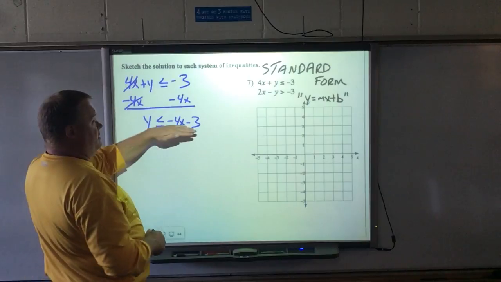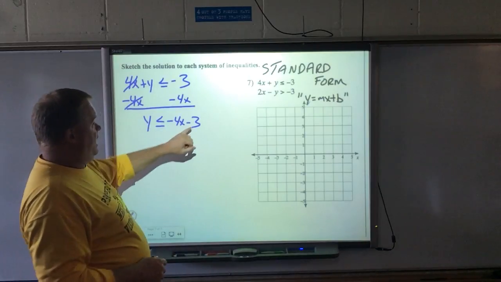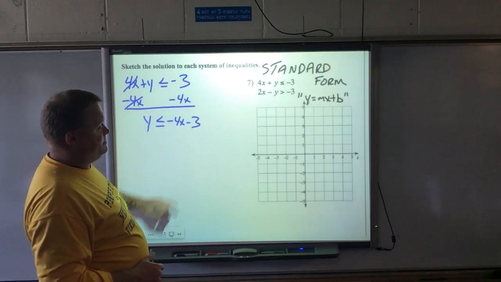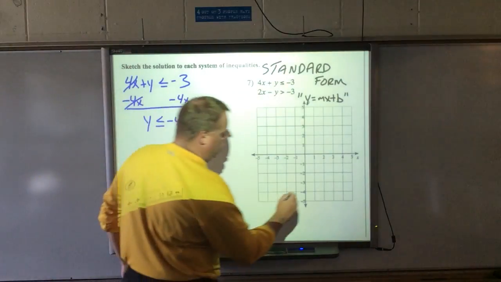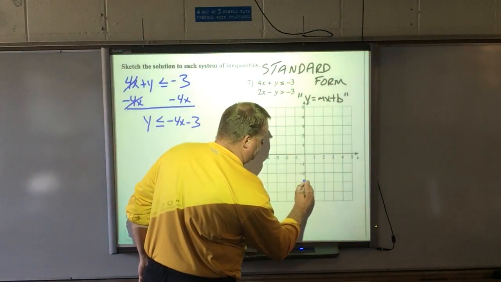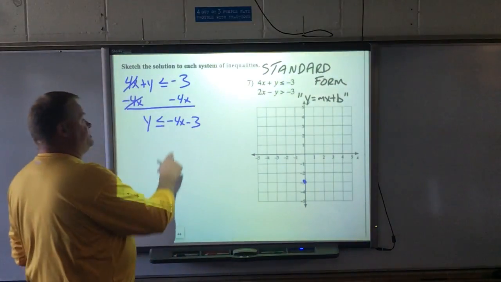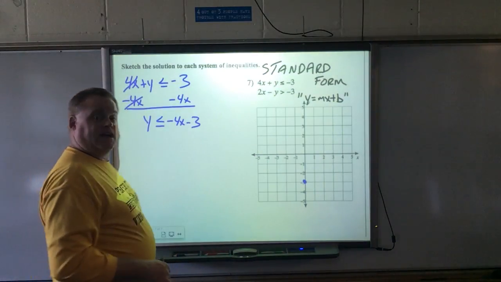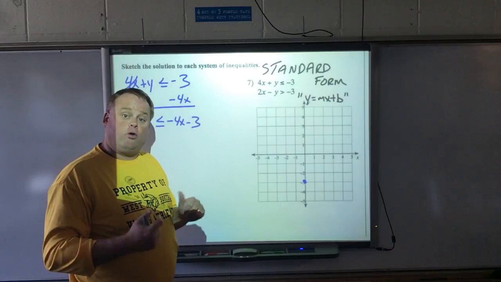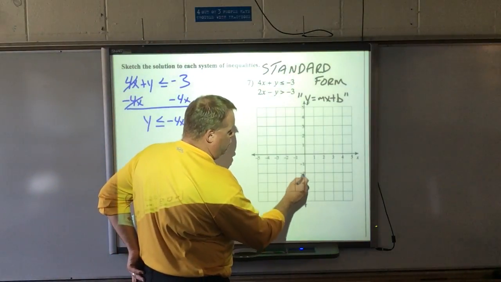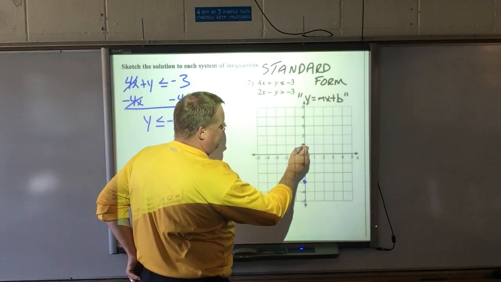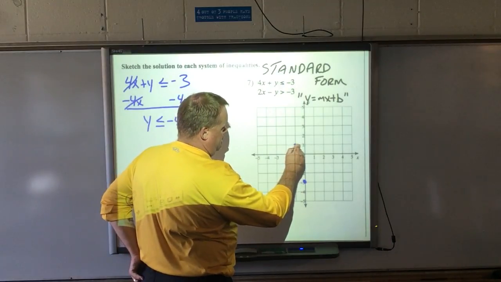I can graph this right now. I have a negative 3, so that is my y-intercept. I am a less than or equal to, so I'm a closed circle. My slope is a negative 4, which means rise over run is 4 over 1. In this case, I'm going to go up 4, 1, 2, 3, 4, but to the left 1.